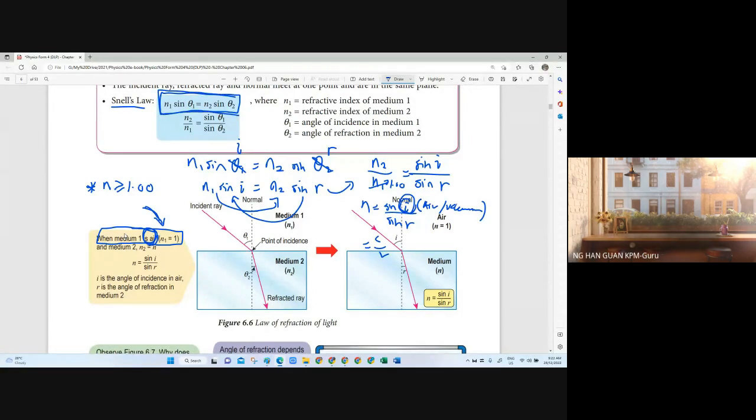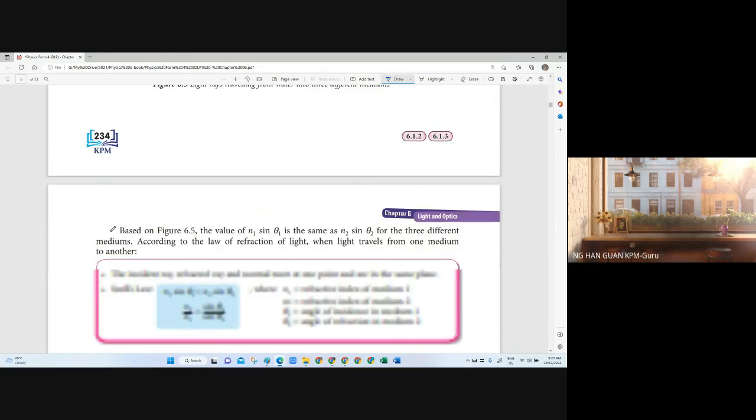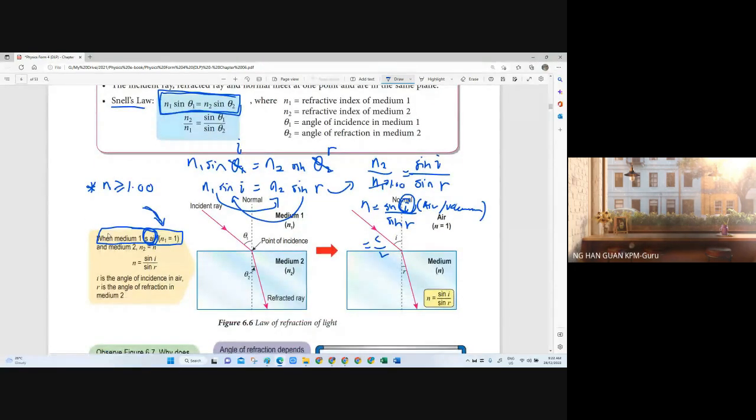Once you apply this, it can be used to solve any question, including a question like this, where we have two different media. But if you want to use the simplified equation, n equals sin i over sin r, or n equals c over v, you have to remember the incident ray must be from air or vacuum.